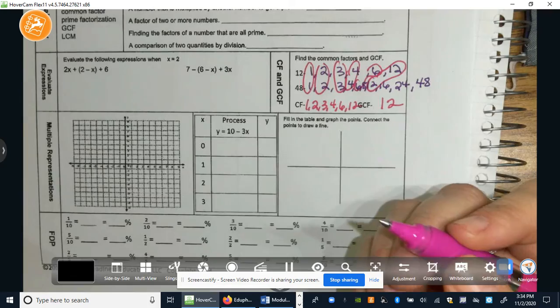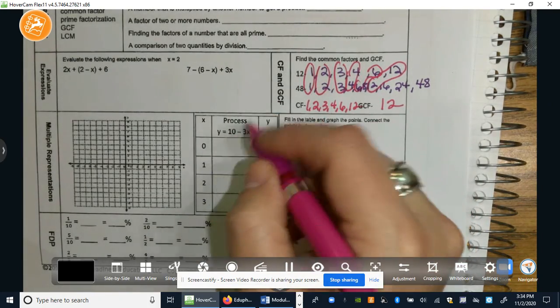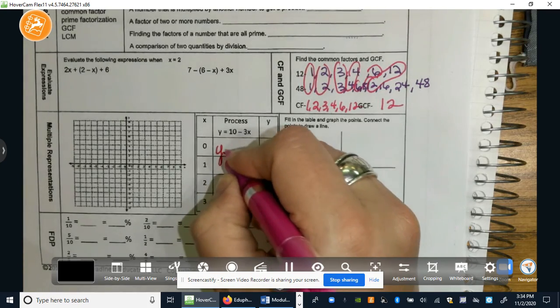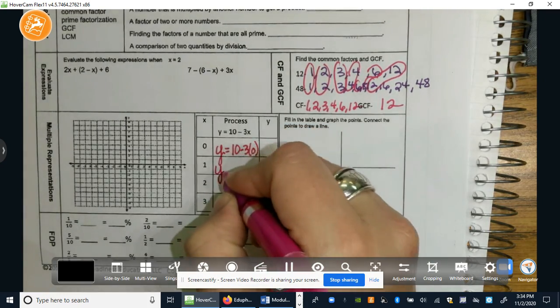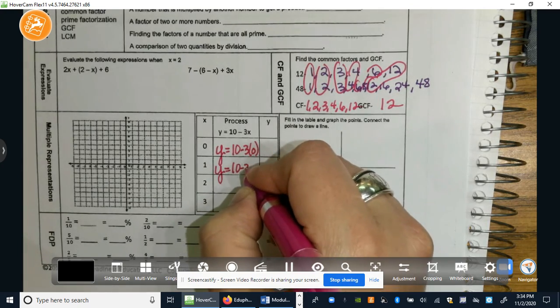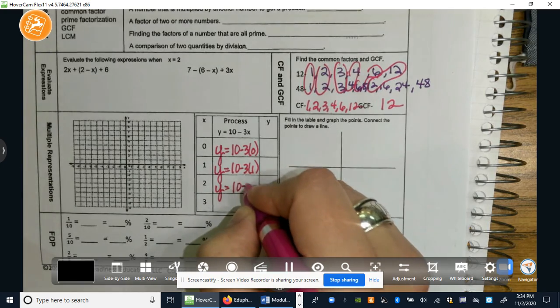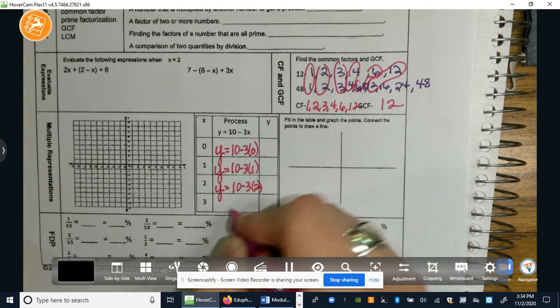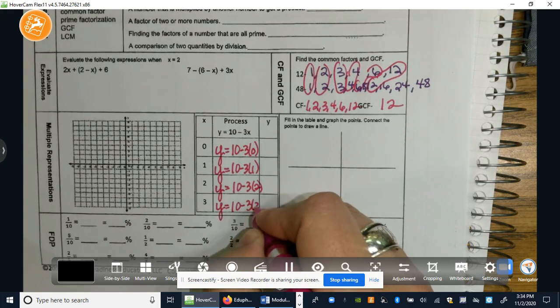So the first thing I always like to do is substitute and fill in the whole process box. So y equals 10 minus 3 times 0. Y equals 10 minus 3 times 1. Y equals 10 minus 3 times 2. And y equals 10 minus 3 times 3.